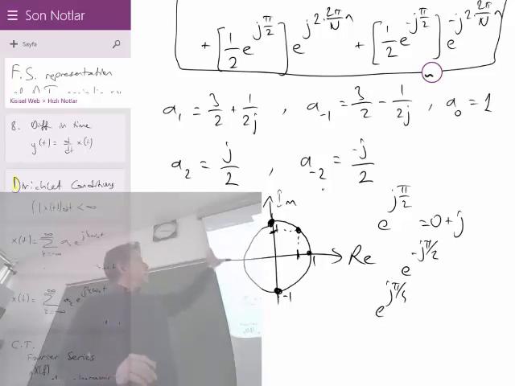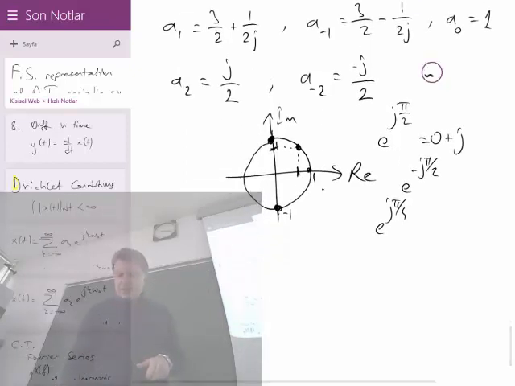Although I said that the Fourier series coefficients are like this, you should always be aware that a_k for this one is equal to a_{k+rN}, some integer r times the period.